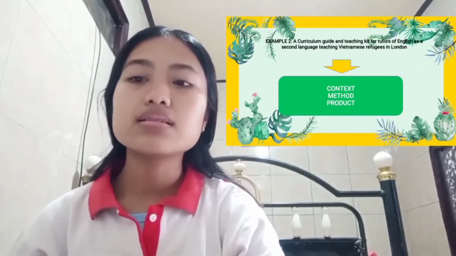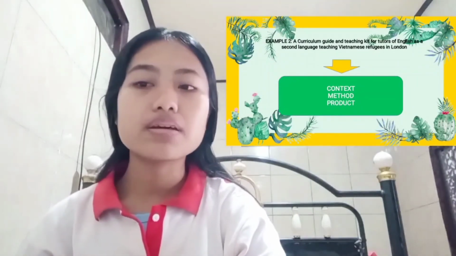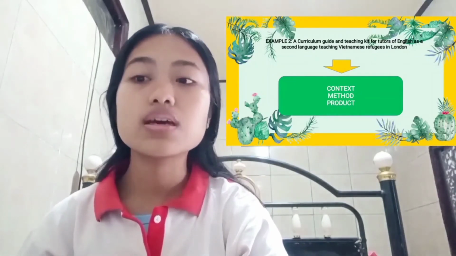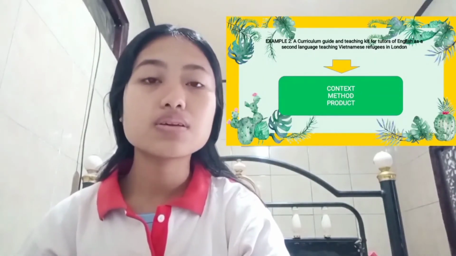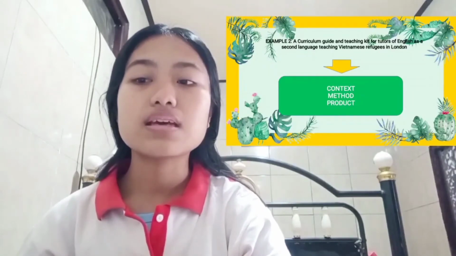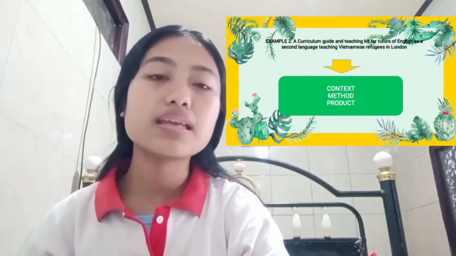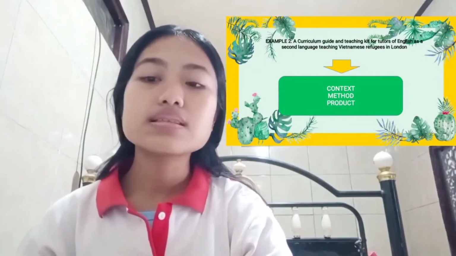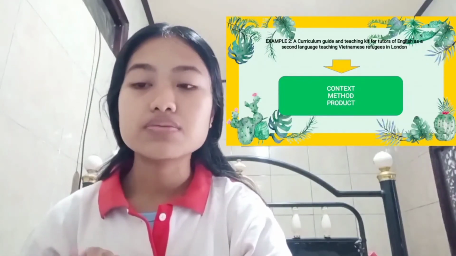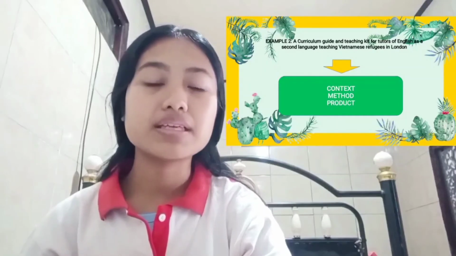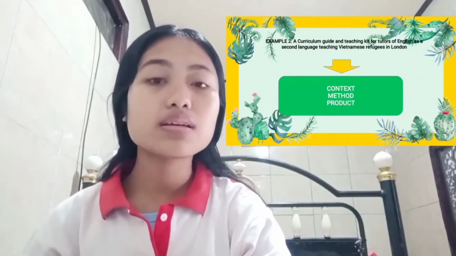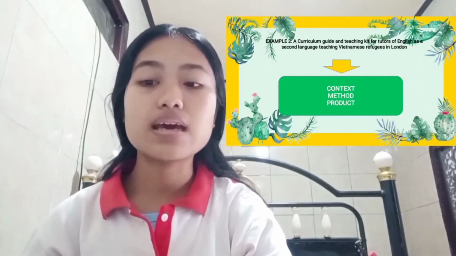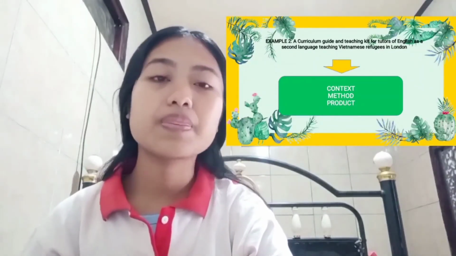In the context, with the arrival of a large number of Vietnamese refugees in London, the Kensington Institute, together with the London Education Authority Language and Literacy Unit, planned an ESL program for refugees. Six teachers and tutors in charge were appointed to manage the program, with time allocated for planning the syllabus, developing materials and coordinating the program.